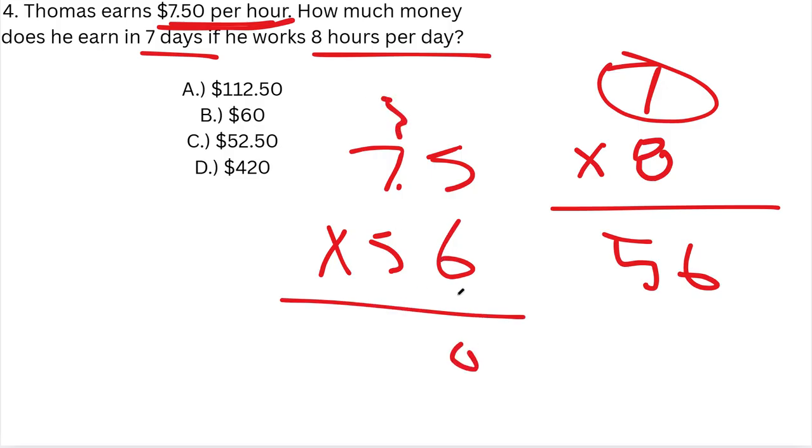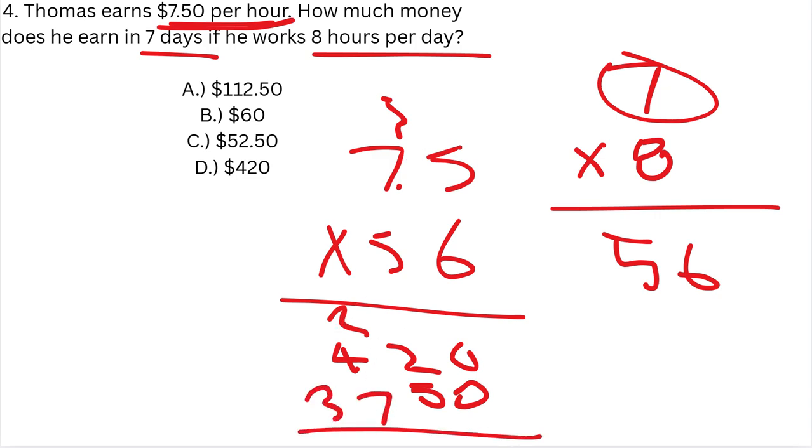6 times 5 is 30, then 42, then 7 times 5 is 35, plus the 3, and adding up you get 4170.